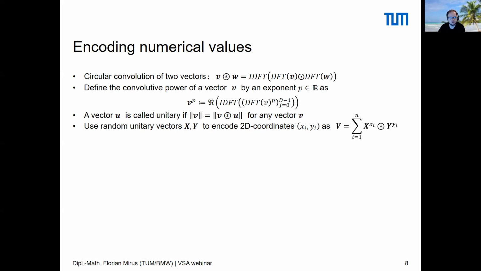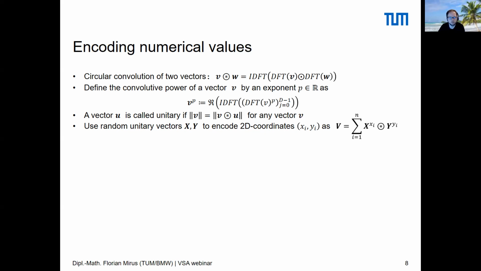So again, we use the same formula. We use the discrete Fourier transform applied to the vector v, then take the element-wise exponentiation by the exponent p, and transform that vector back to the original space using the inverse discrete Fourier transform.